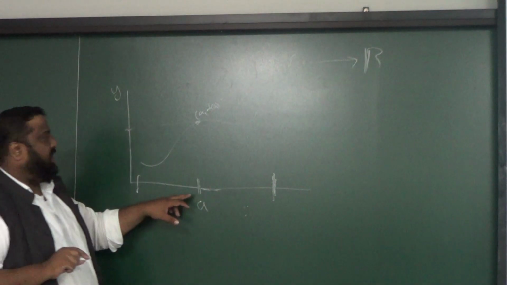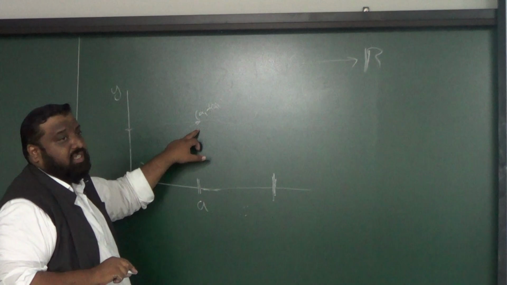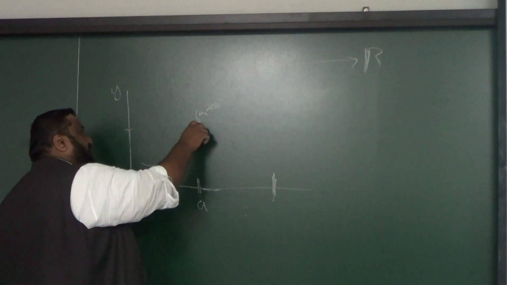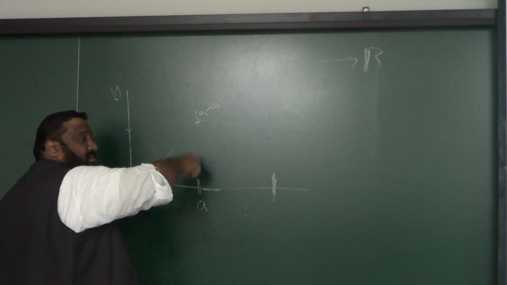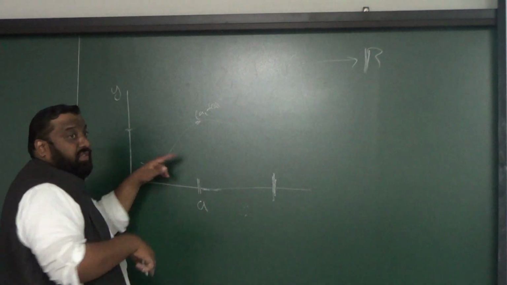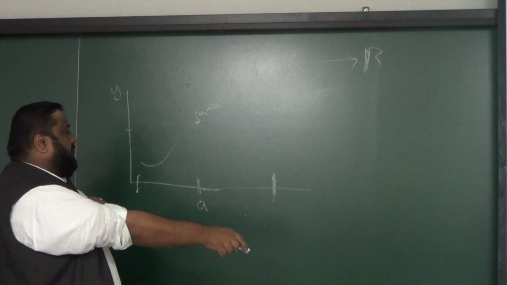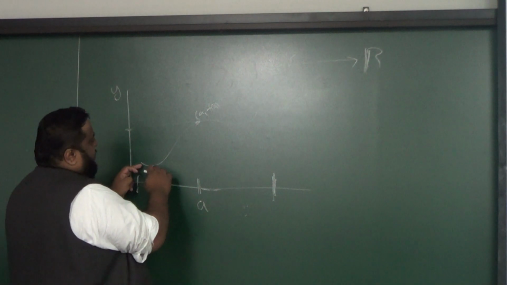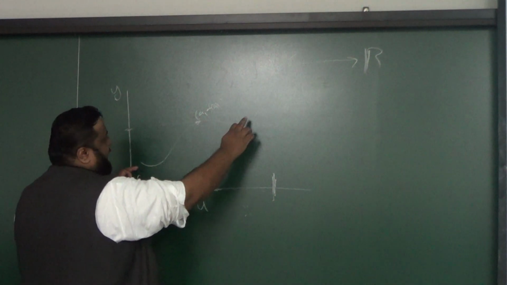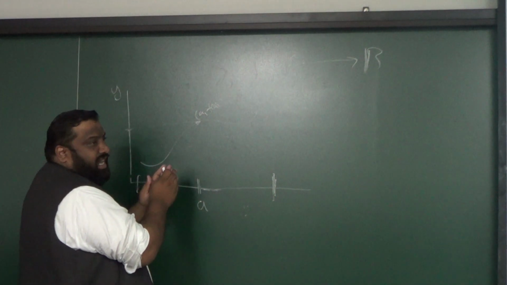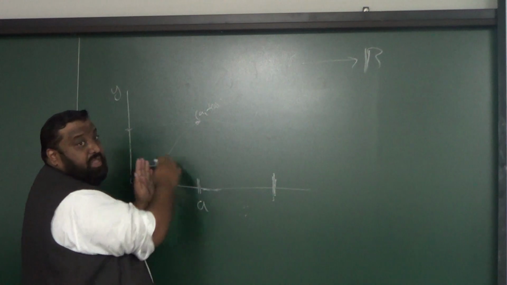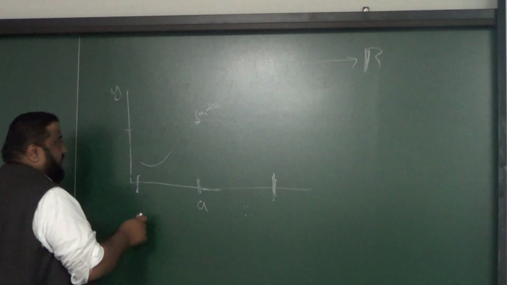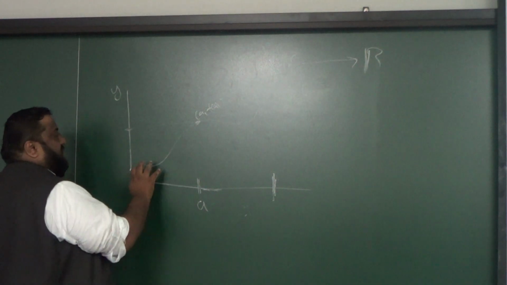For each point a, I have a point in two dimensions whose coordinates are a and f of a, where f of a represents the height of the function, the value of the function evaluated at a. By the way, I can have another way to look at this graph.